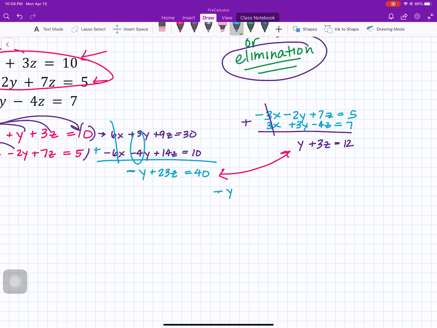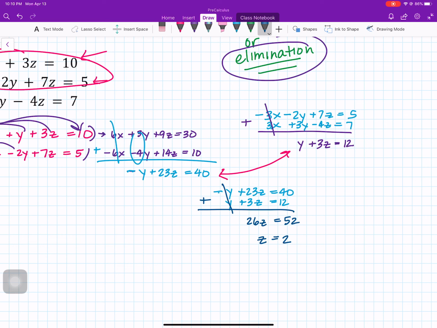So negative y plus 23z equals 40. And then I have y plus 3z equals 12. I can add them up right now and they'll cancel. So this is 26z equals 52, which means that z equals 2.